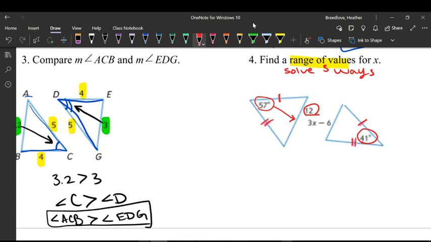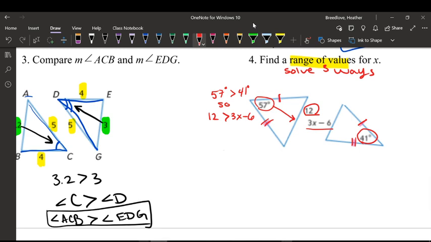So because 57 degrees is greater than 41 degrees, I know that 12 has to be greater than 3x minus 6. So that's the first inequality, comparing them.